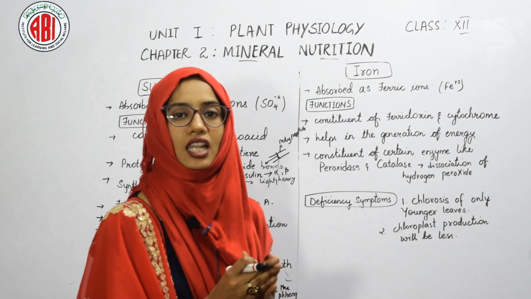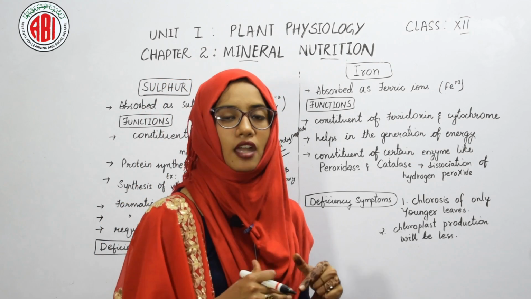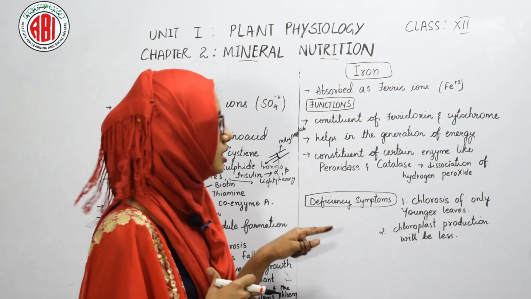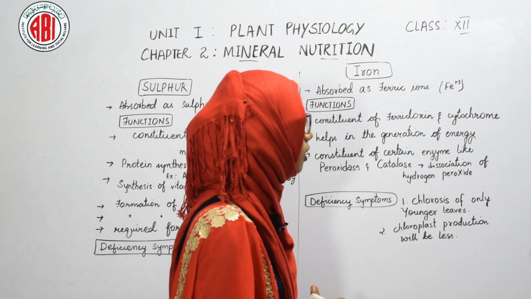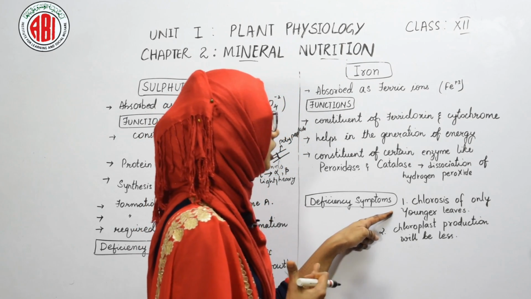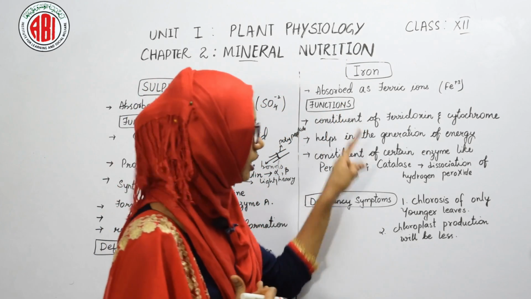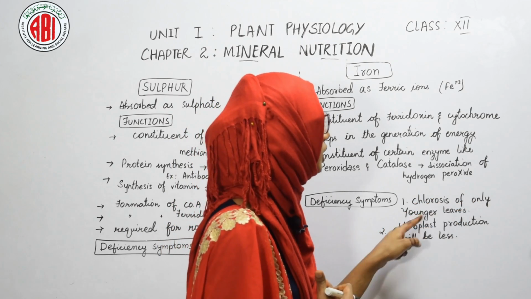Now when this element is deficient, what symptoms can we see in a plant body? The first symptom due to the deficiency of iron is chlorosis of only younger leaves.